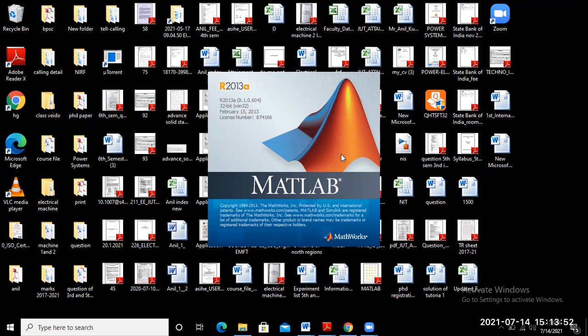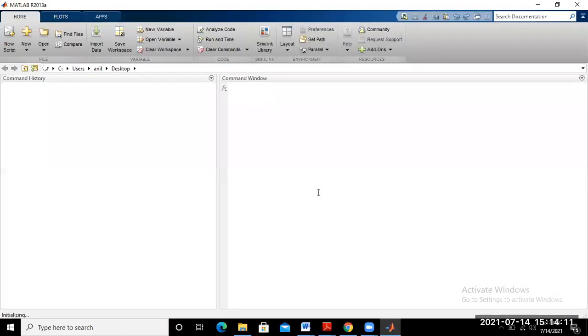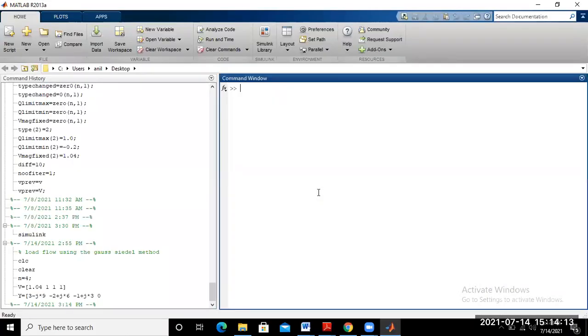So just concentrate on how we can enter the admittance matrix. Admittance matrix, that means 4 into 4, 16 elements. How we can provide it to MATLAB? So just wait, we just open the MATLAB and then proceed.